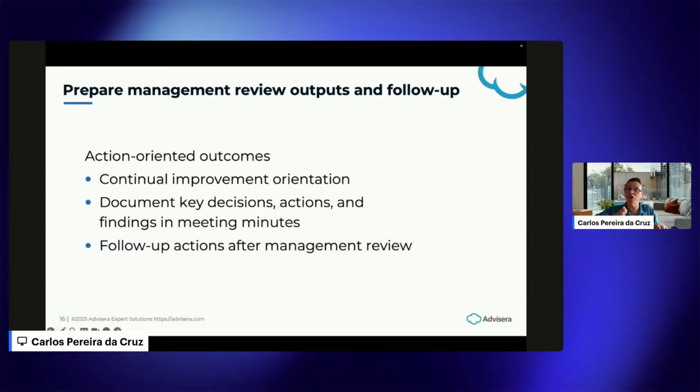Regularly monitor progress on action items and review their implementation status in subsequent management review meetings. Remember, the true value of a management review lies in its outcomes. Documentation, follow-up, and accountability are critical to maintain an effective and compliant environmental management system.